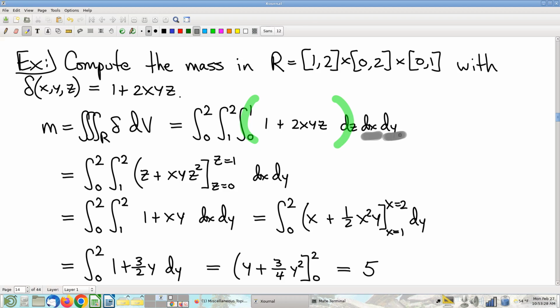So x and y are constants for the purposes of the inside dz integral. Well, that means x and y there in that integrand are constants, or we're going to treat them as constants as they are for this integral. And so they do what constants do. They just kind of follow down here.